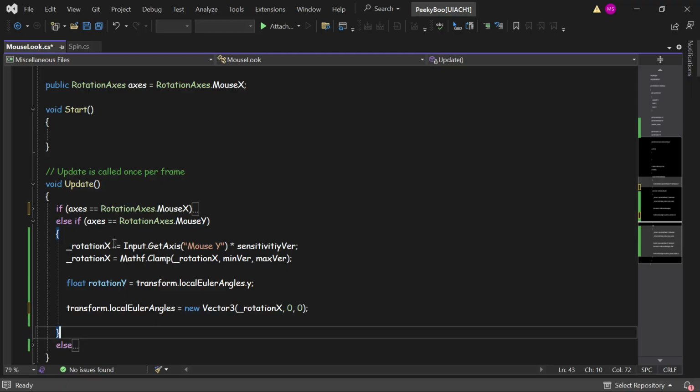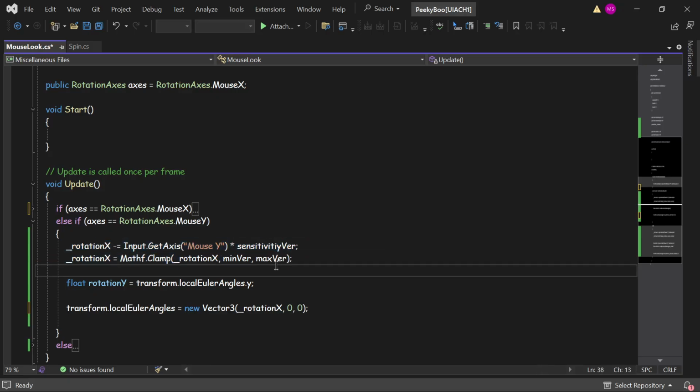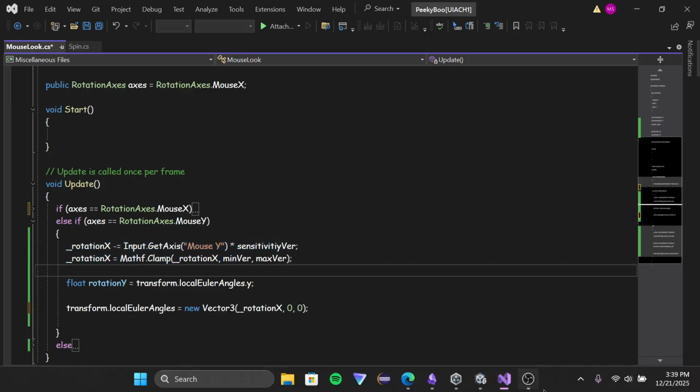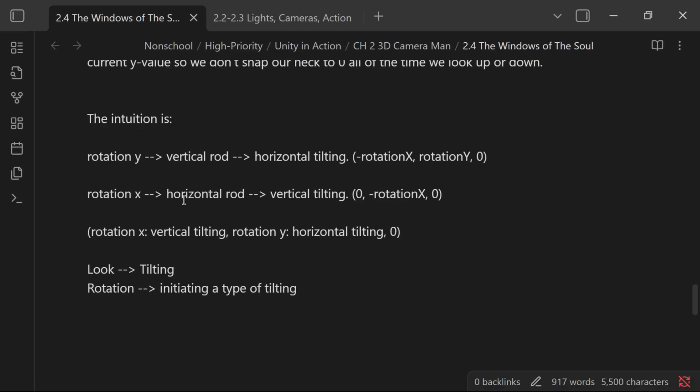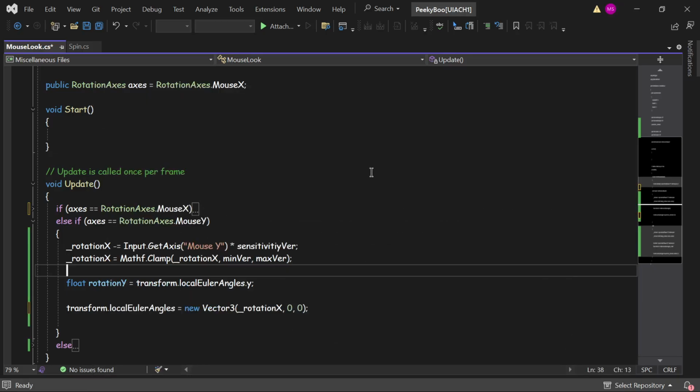So to initiate a type of vertical tilting, we need to have rotation X. Yeah, okay, so rotation X leads to a vertical tilting. When we have our hands and we're rubbing a pencil horizontally, our hands are going up and down. It's not the best analogy, but it's one that helped me a lot.